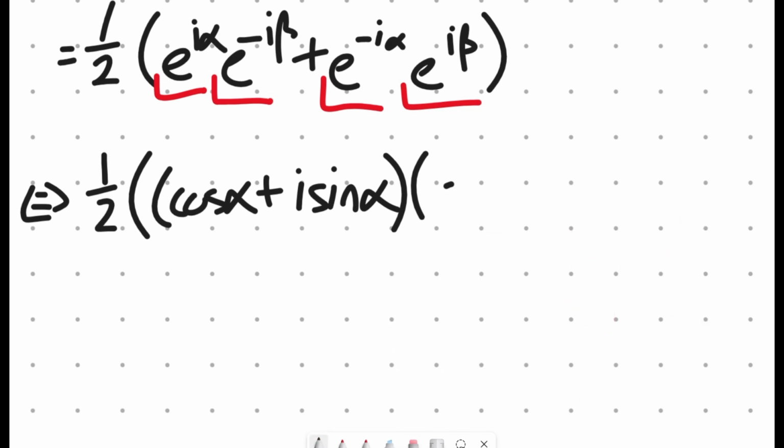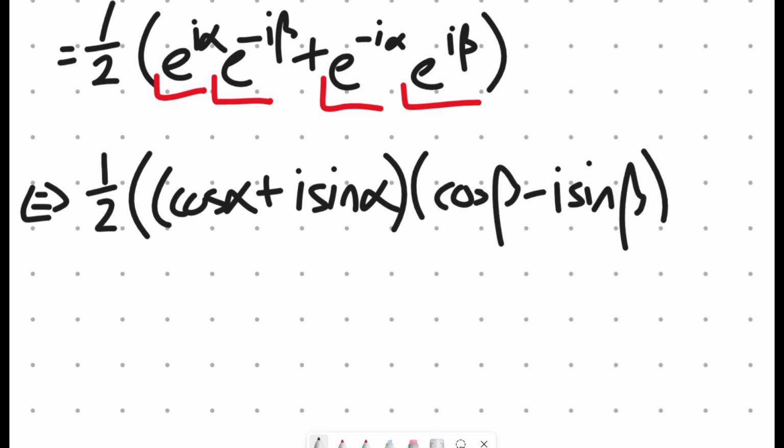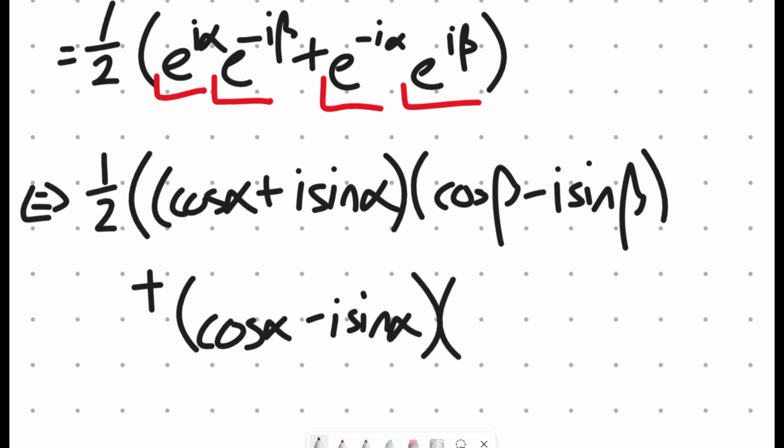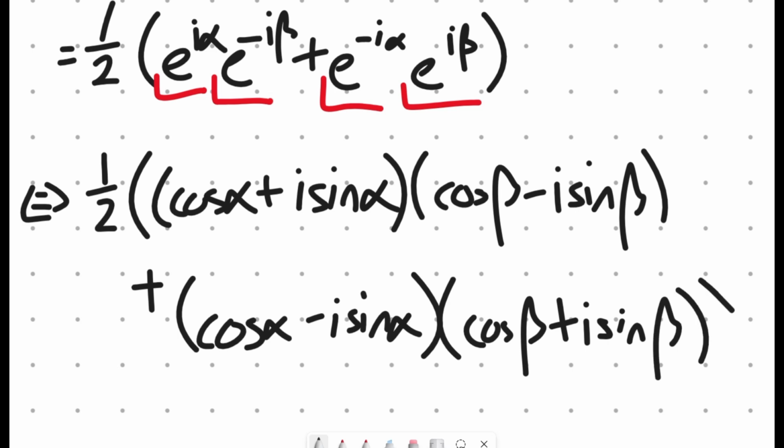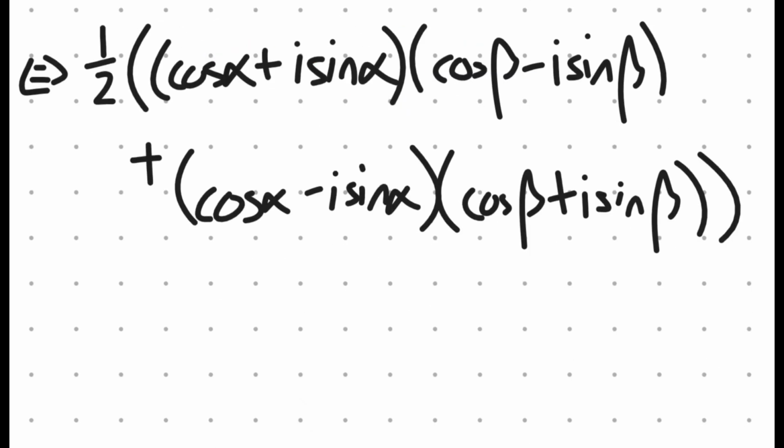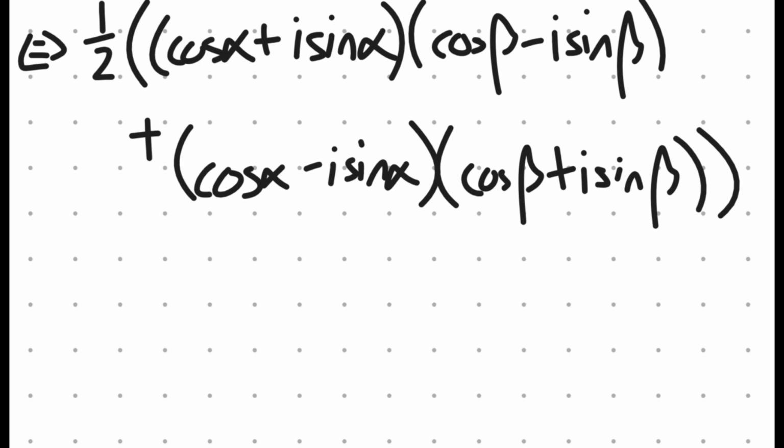Since the conjugate has negative theta, we have sine of negative theta, but since it's an odd function, it's minus sine theta. So we have cosine beta minus i sine beta, plus cosine alpha minus i sine alpha times cosine beta plus i sine beta. Now we have four parentheses, and we just have to expand them.